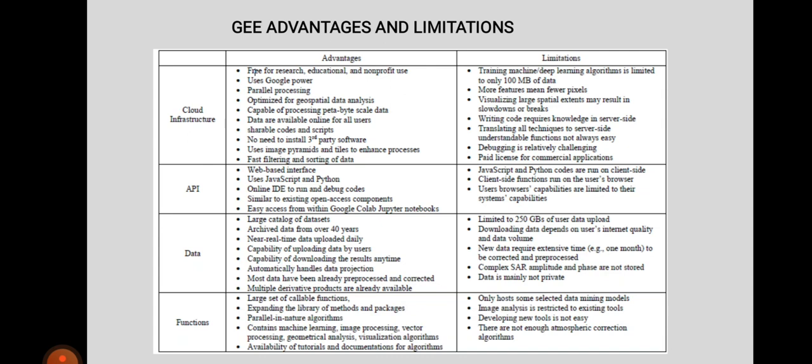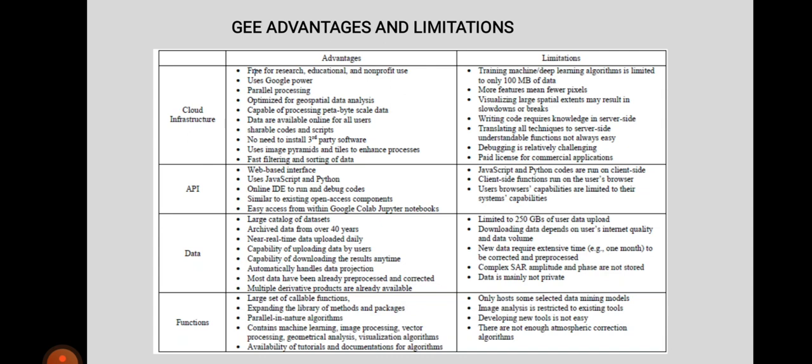And coming to the API, which means application programming interface, the basic advantage is that it uses JavaScript and Python, and it is a web-based interface and online IDE to run and debug code.